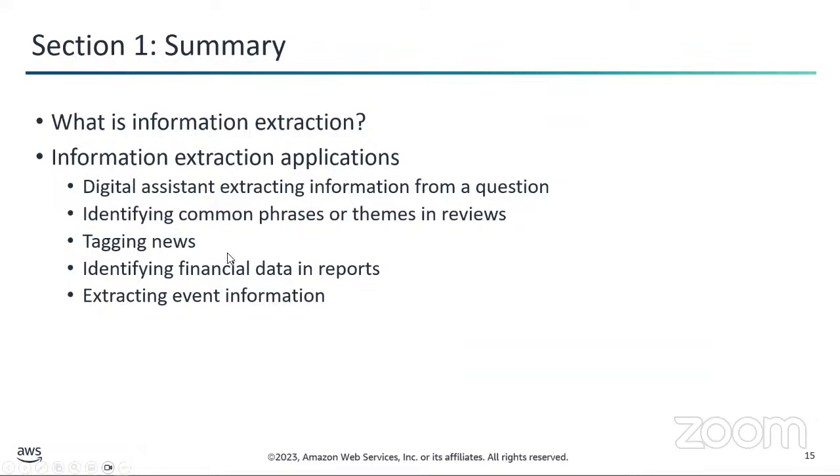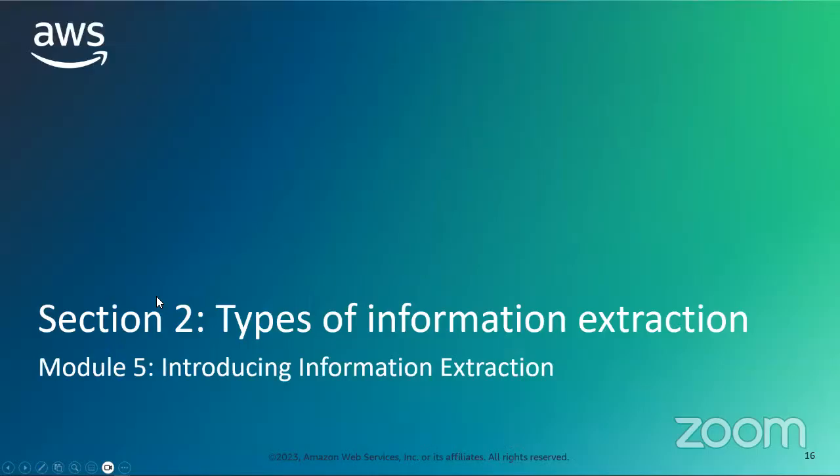So information extraction is very important for digital assistants, identifying common phrases or themes in reviews, tagging news, identifying financial data, and extracting events. So you should think about how you can tag different articles, whether they are anti-Islamic, or coming from a negative review, or trying to spread misinformation about Islam and things like that. So you have to think along those lines.